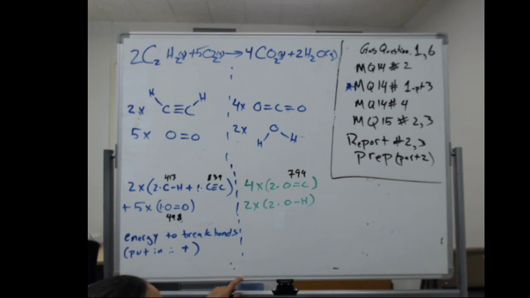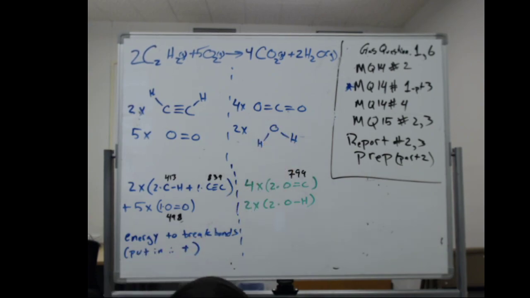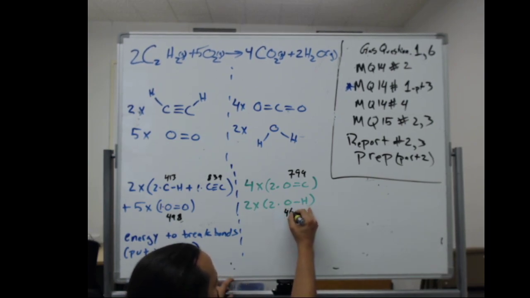So we can look at both of those. And we have to make sure that if we've got CO2, we're getting the 799. And then for our oxygen-hydrogen bonds, that's going to be 467.